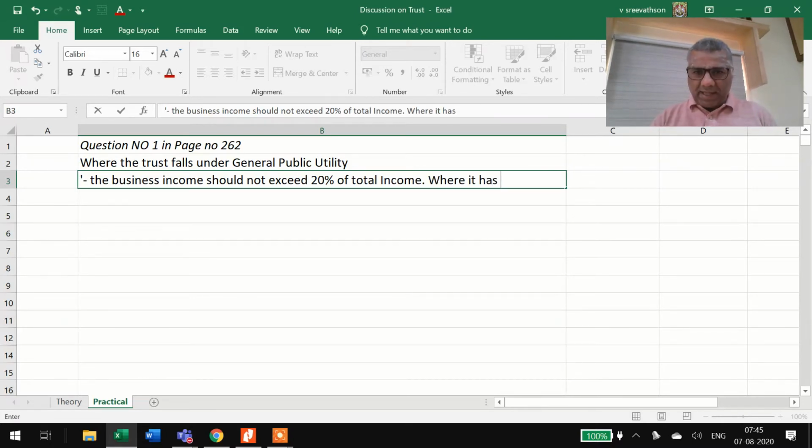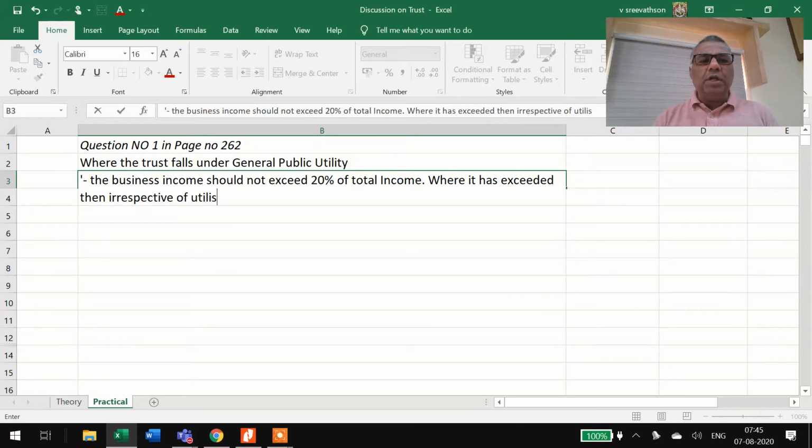Where it has exceeded, then irrespective of utilization, the trust loses the exemption for the year 2019-20.